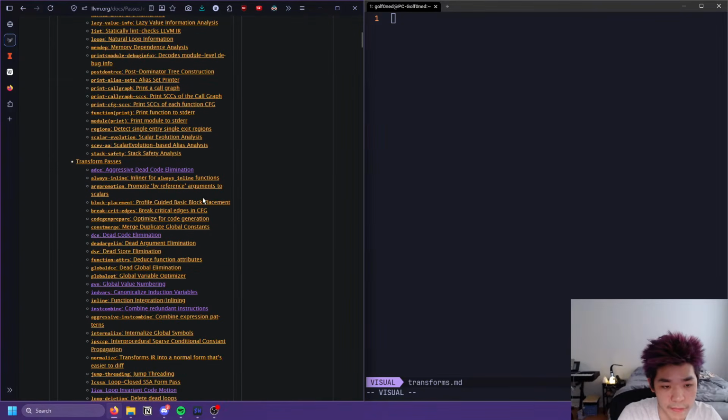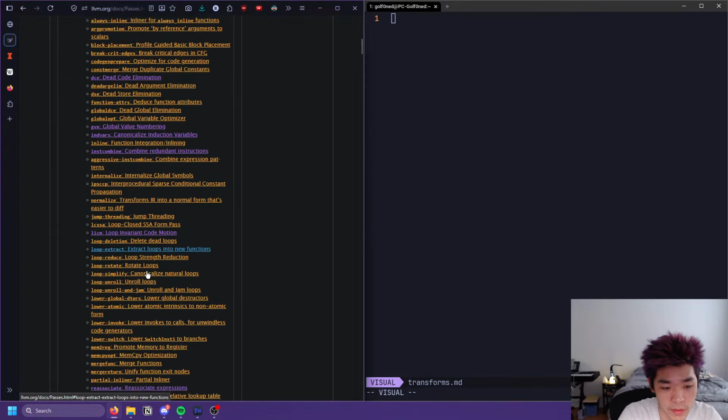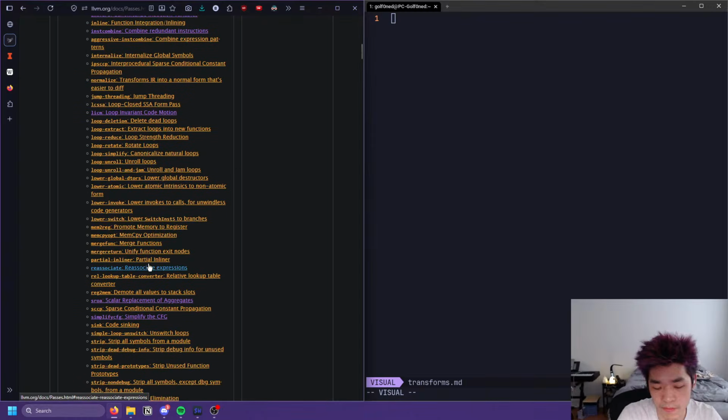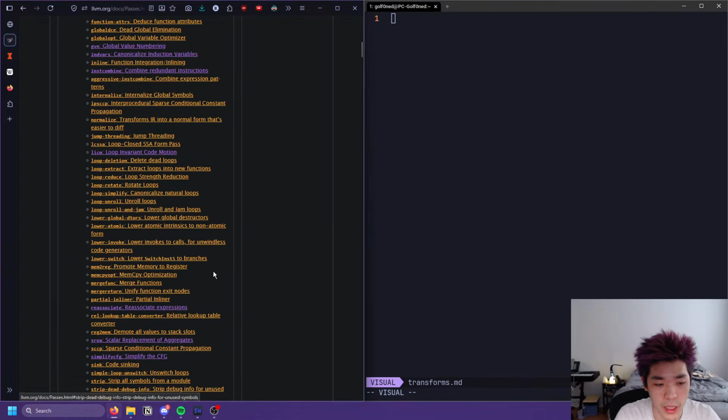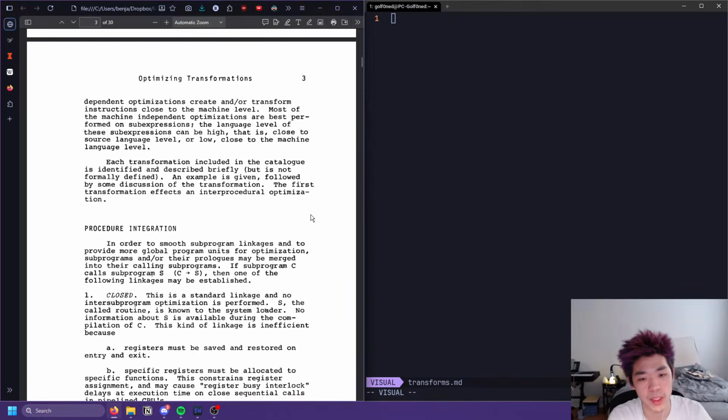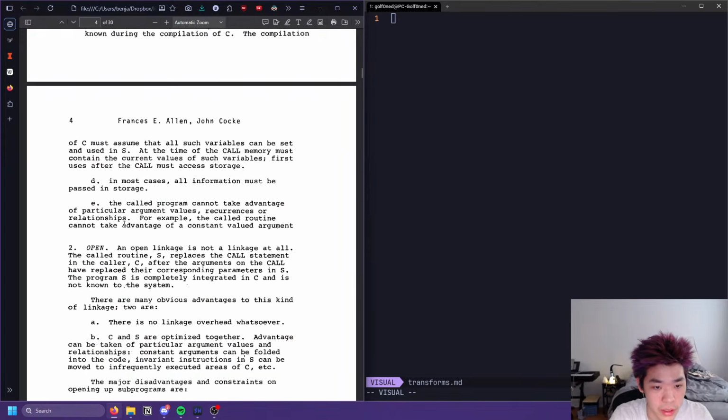If we look in LLVM, we have this whole pile of transforms. These are the traditional sense of optimizations that I think of, but it also includes a lot of other things. It talks about things like linking here, for instance, which is kind of interesting to think about.